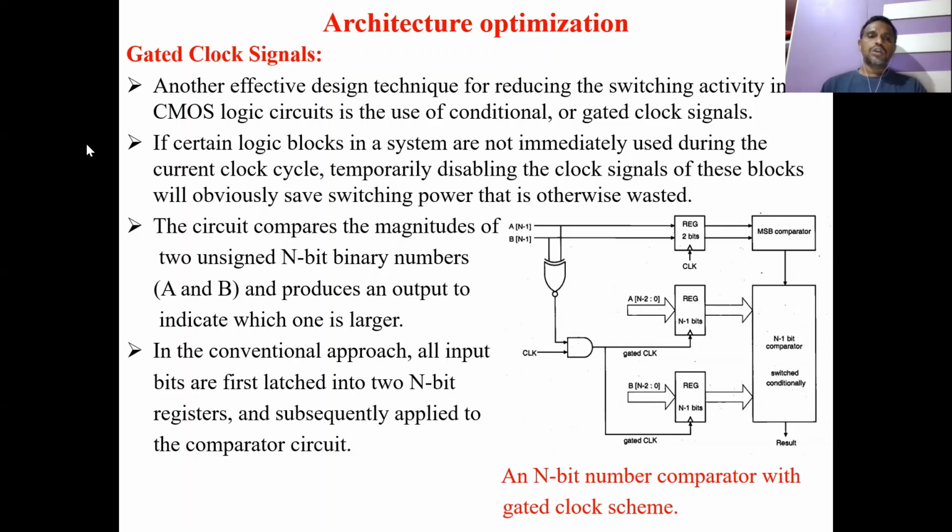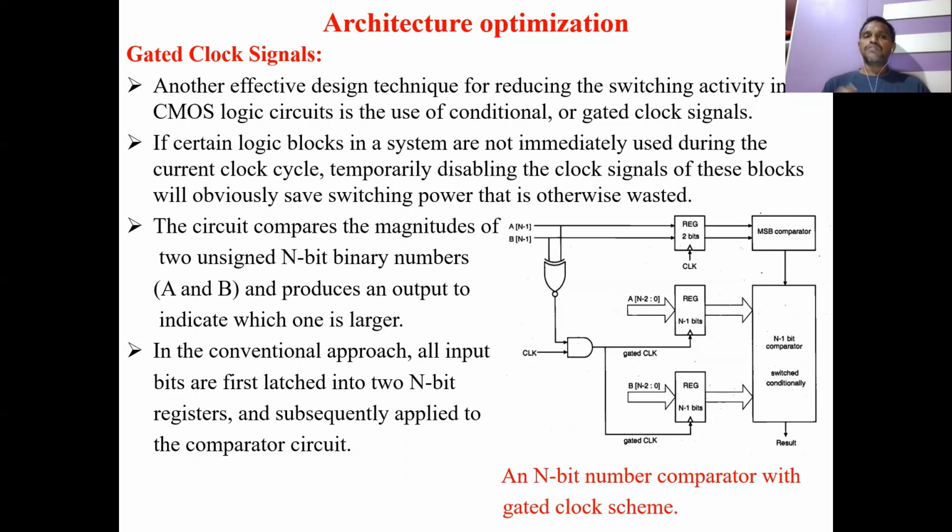Temporarily disabling the clock signal of these blocks will obviously save the switching power. For unnecessary logic blocks we do not apply any clock signal. Whenever they are required, we will apply the clock signal for them.